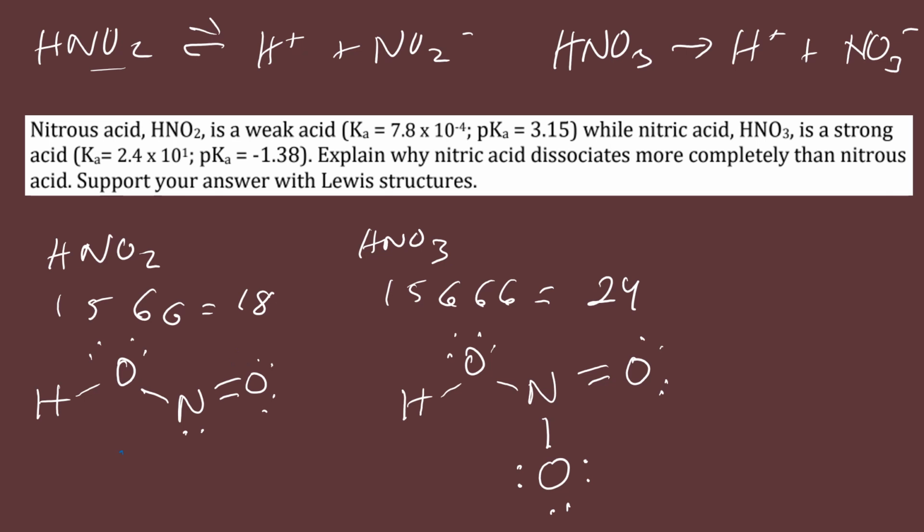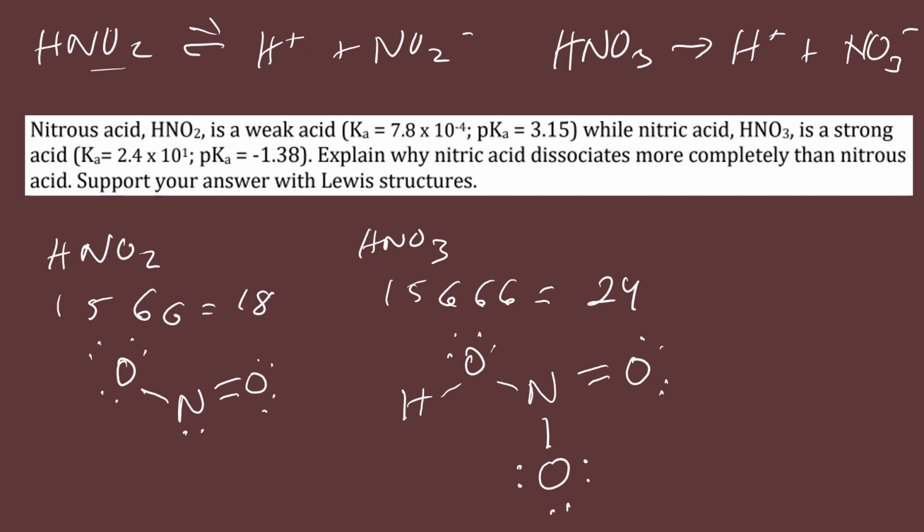Because now these are technically ions, there's a -1 charge on both of them. This is NO2 1 minus and NO3 1 minus. By popping off this hydrogen here, it still has its open electron, so to speak.